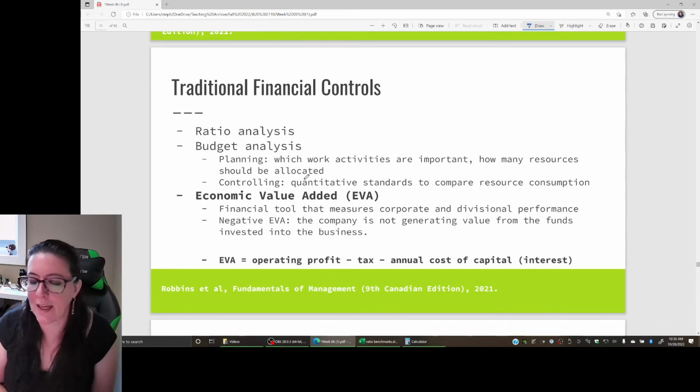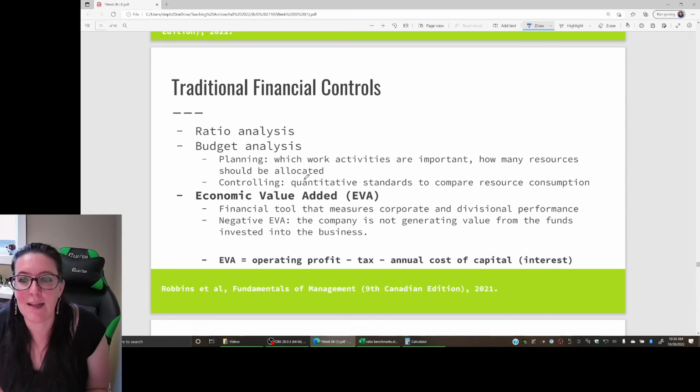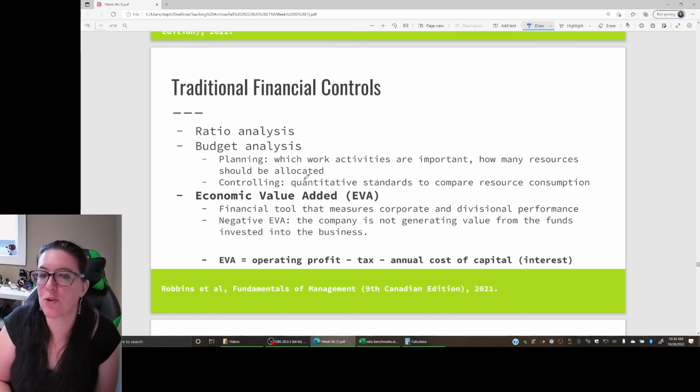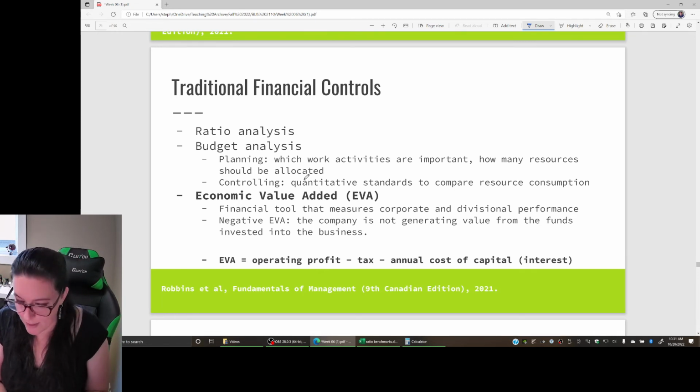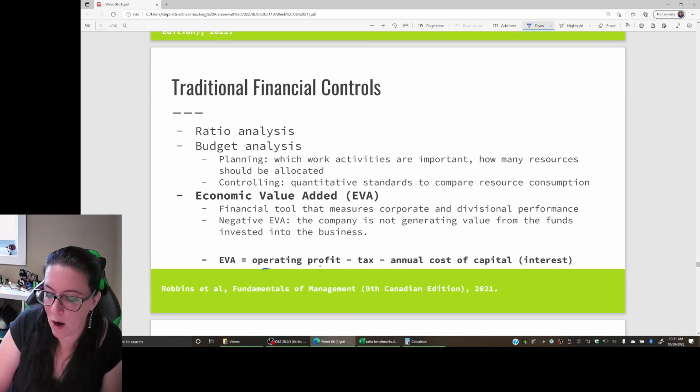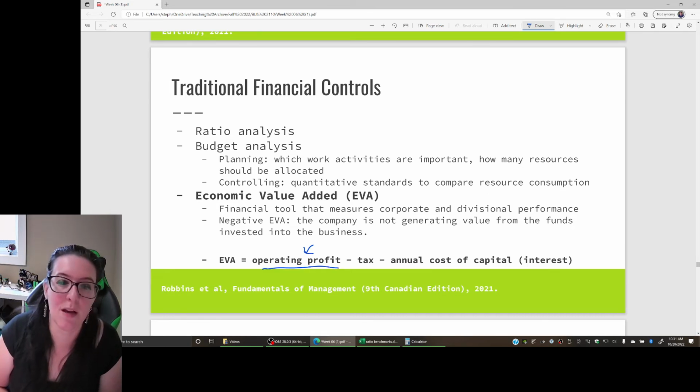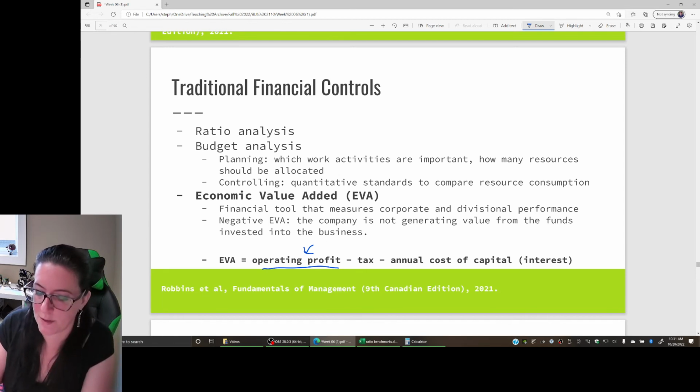One is called economic value added. Economic value added is a financial tool that measures corporate and divisional performance. When we look at economic value added, we take operating profit. So what's another word for operating profit? We have operating income.